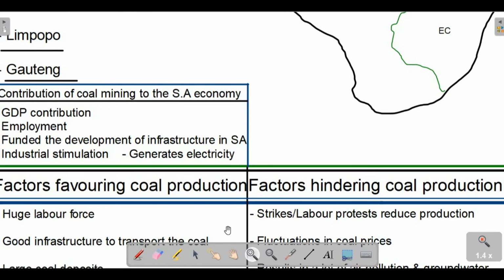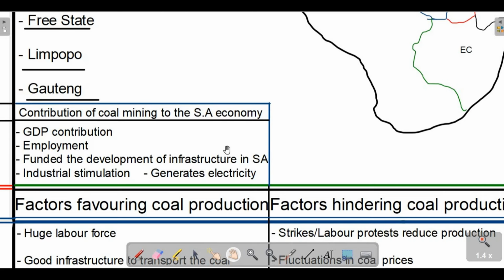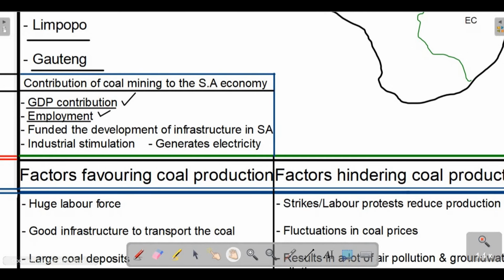And contribution of coal mining to the South African economy, of course, is GDP contribution. So these businesses pay taxes. Again, that tax is very useful to the government. GDP contribution, guys, you can never forget that. Employment, okay, a lot of our forefathers were employed by these companies that were mining coal.